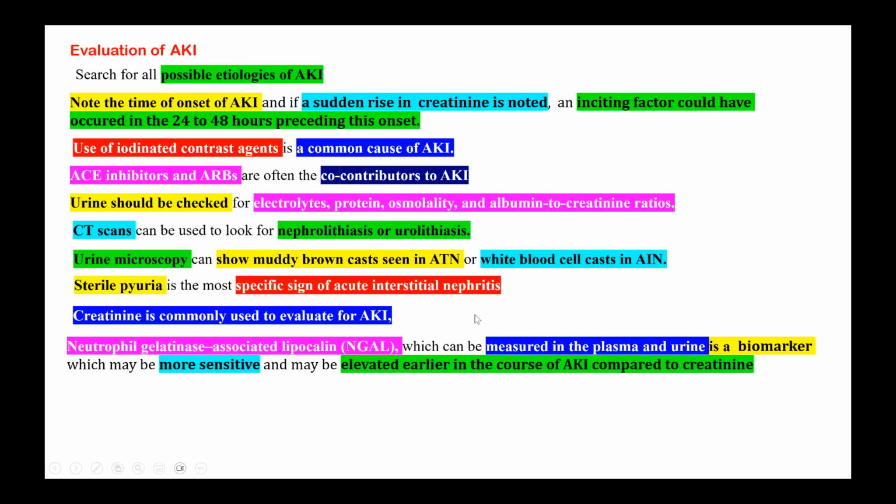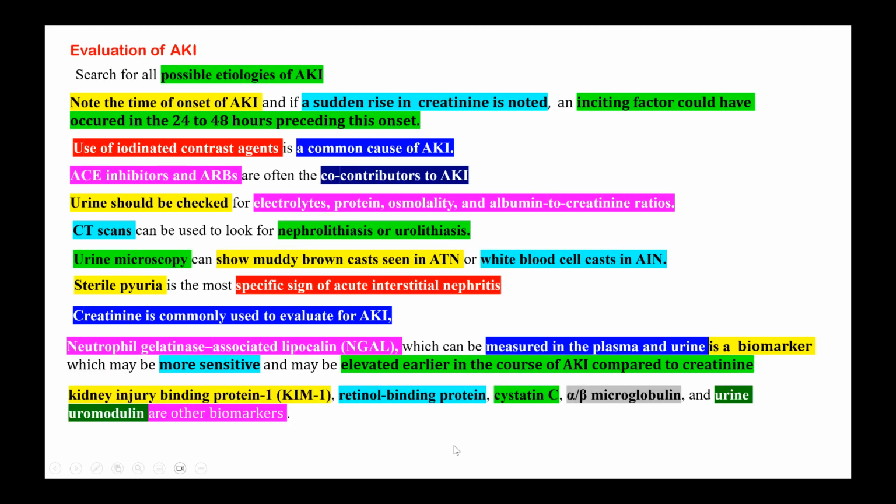Just as I told you, AI is going to give you a future in VAP management by not waiting for the culture report and then treating. This identification of a protein in the plasma or in the urine, called NGAL, neutrophil gelatinase associated lipocalin, may change the treatment of AKI without waiting too much for the creatinine rise to happen.